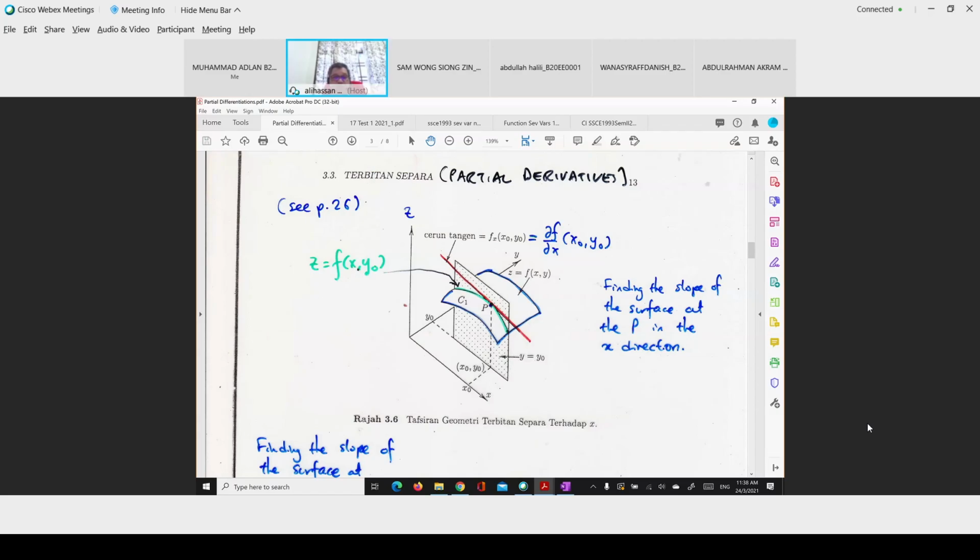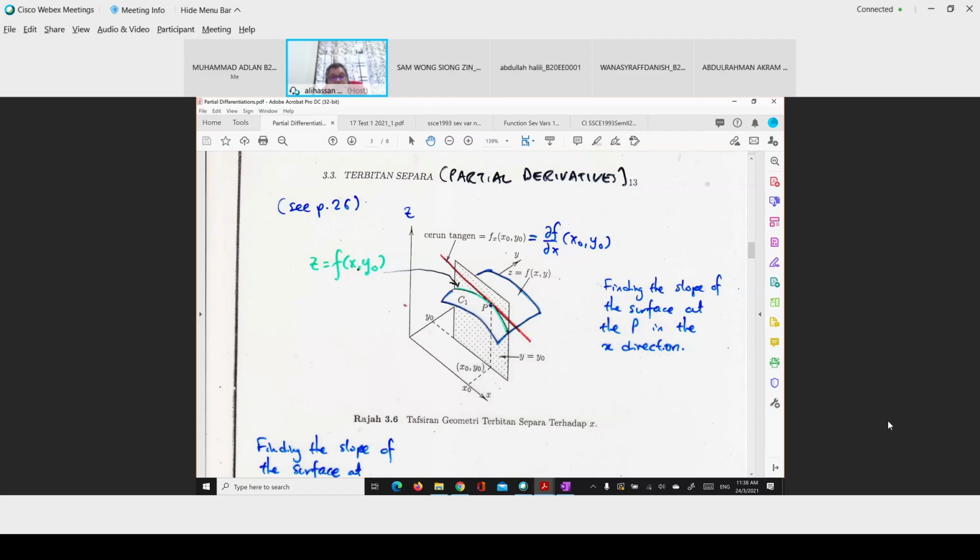It's a constant. y equal to y naught is a plane parallel to the zx plane. So the plane y equal to y naught will intersect the surface along this green curve here. The red line here is the tangent. Suppose we have a point P on the surface. The red line is the tangent, the slope on this green curve at the point P.